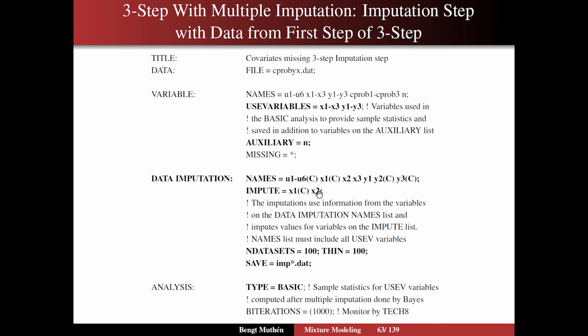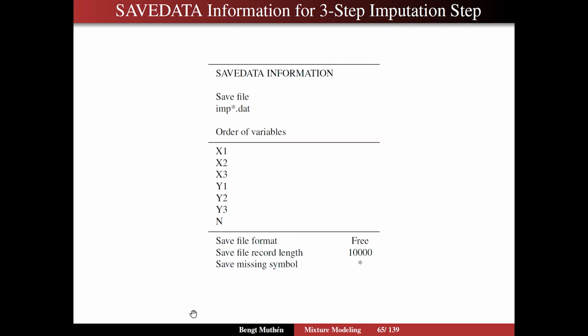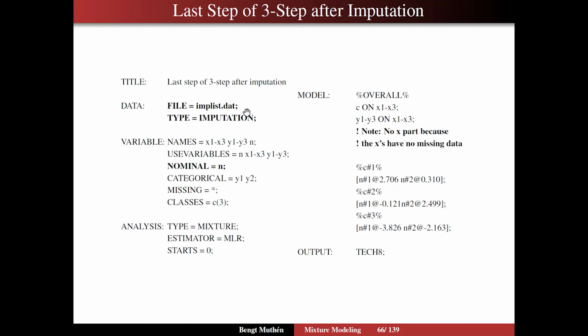We could also request the missing data for y1 and y2 if we wanted, but that's not what we're doing here. The save data information says that we're saving x's and y's and n as expected into a data file called imp_star.dat, which on slide 66 is expressed this way.